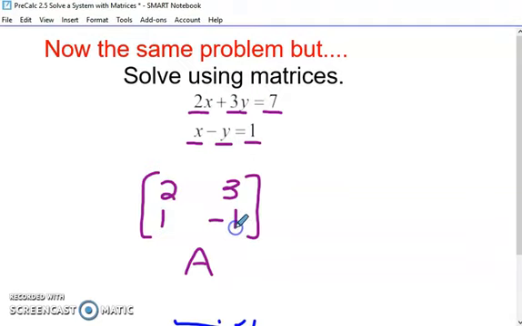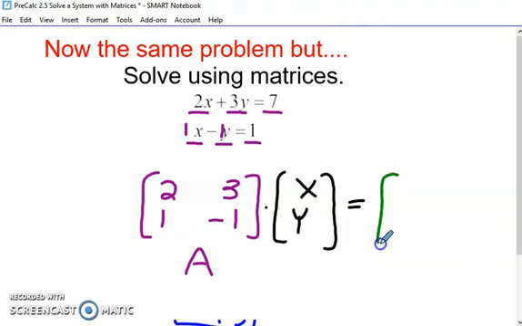Coefficient of x, coefficient of y. Remember, there are implied ones there. We're technically multiplying it times the variable matrix. The variables we're using are x and y. And this is what the equation is equal to, 7 and 1.